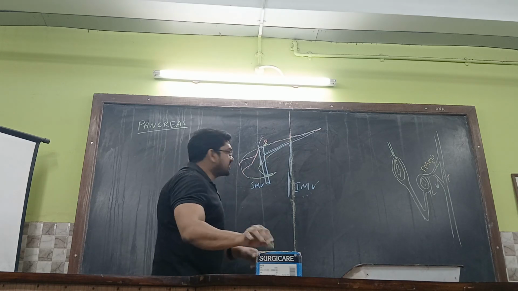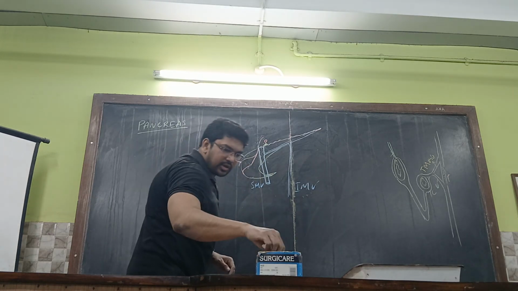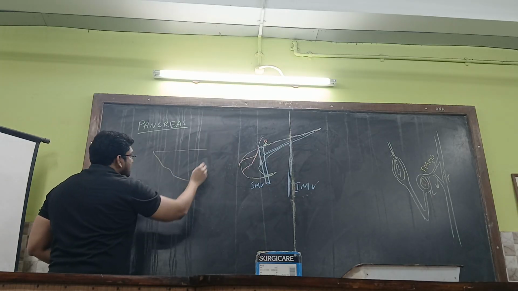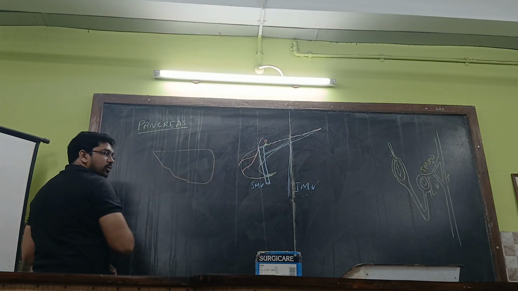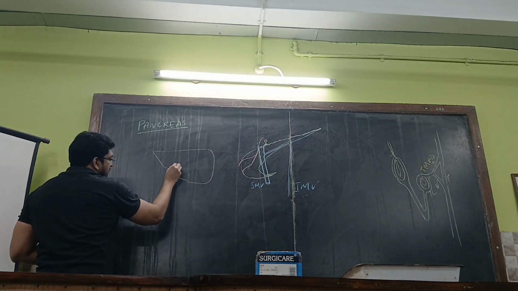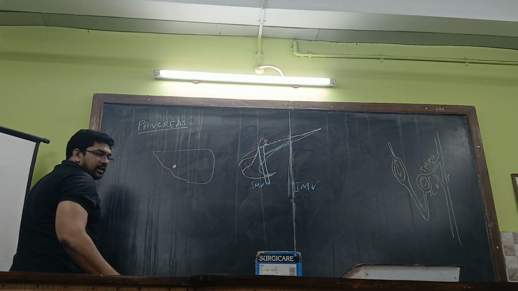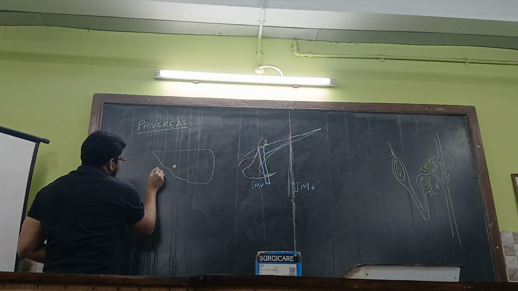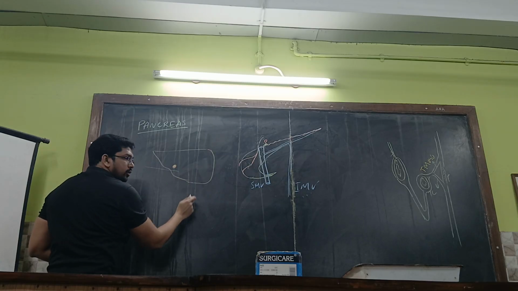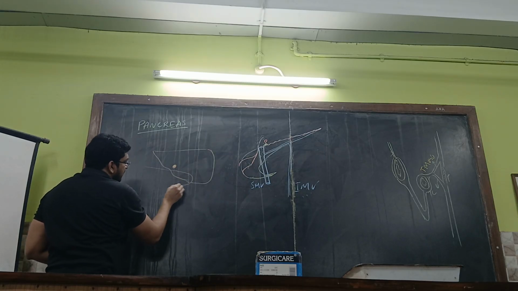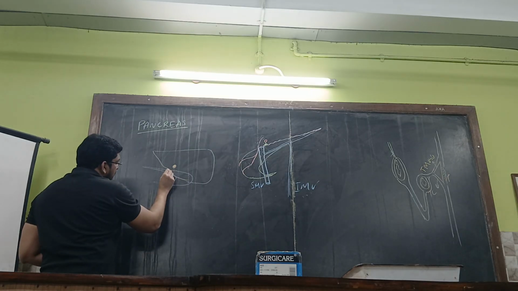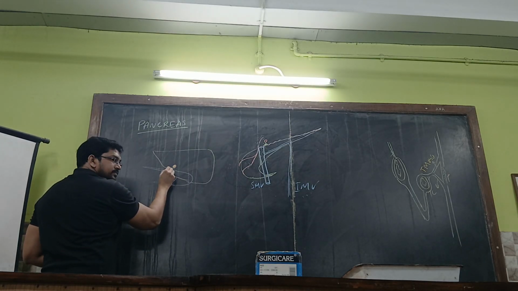For the pancreas, you have to understand the relation. Check this. This is the liver over here, and the tuber omentale of the liver is present over here. But the pancreas is extending in this manner because the duodenum is related over here. The pancreas is going over here, and the tuber omentum of the pancreas is present over here.